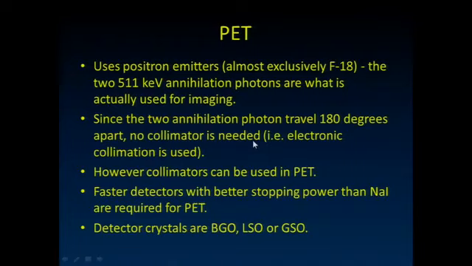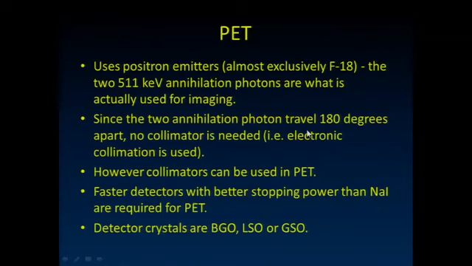Let's move on to talk a little bit about positron emission tomography. It uses positron emitters, almost exclusively F-18, but there are a few others out there. And here we're going to image the two 511 keV annihilation photons that are created. Those annihilation photons basically travel at 180 degrees from each other in a straight line.